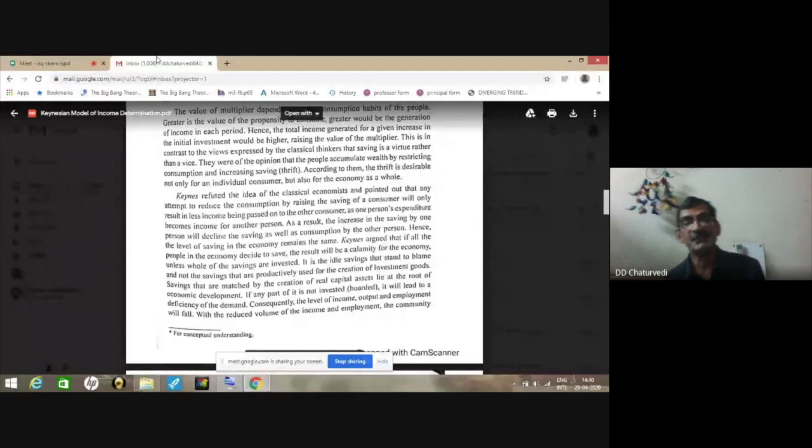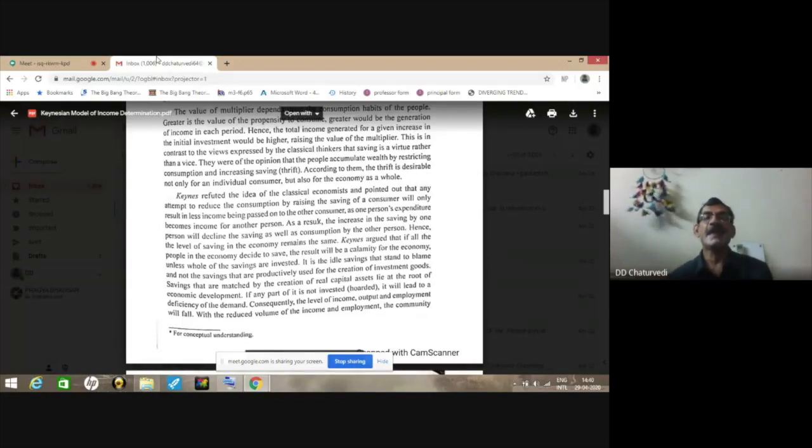But here I would simply say thrift means saving, paradox means something unusual, and something unusual about saving is people generally used to believe that if there is more saving, it is going to create more income or it is going to be in the interest of the people.